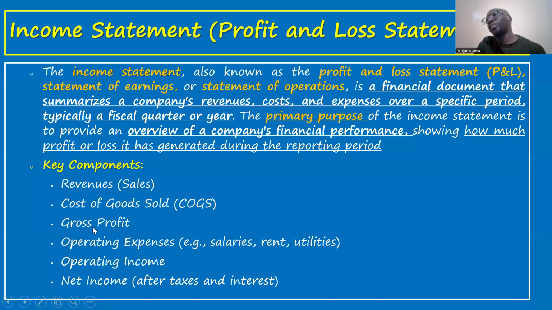Then the gross profit. Then we have the operating expenses, the salaries, the rent, utilities, then operating income, then lastly, the net income. The net income is after taxes and interest. So in brief, this is the income statement.